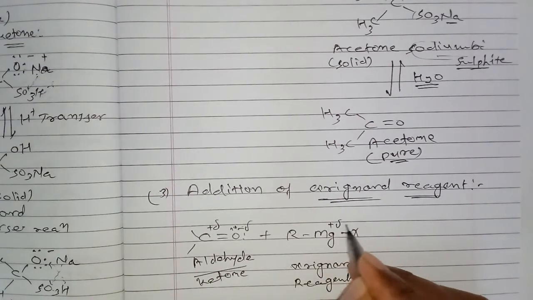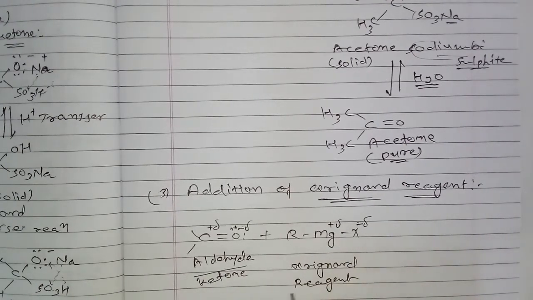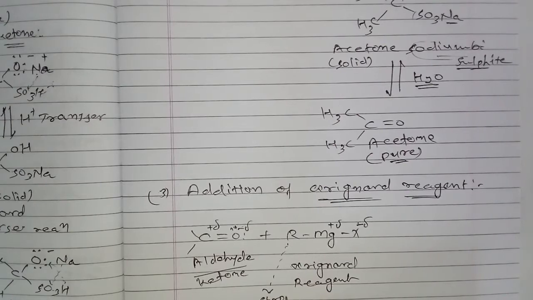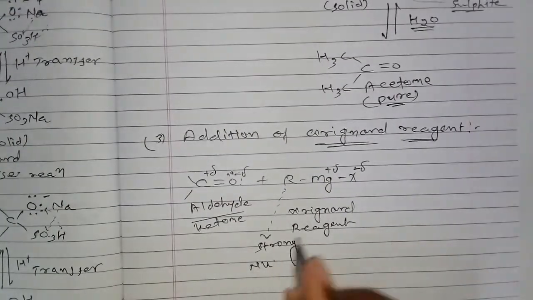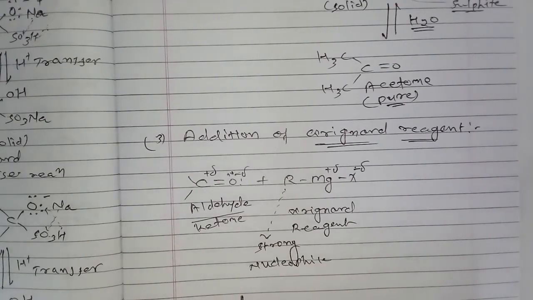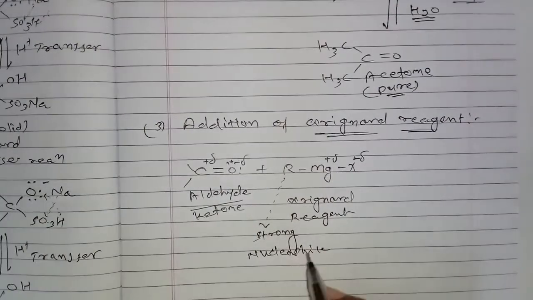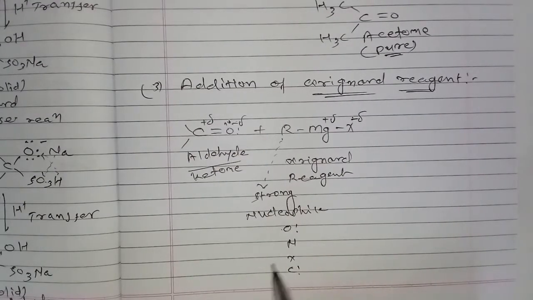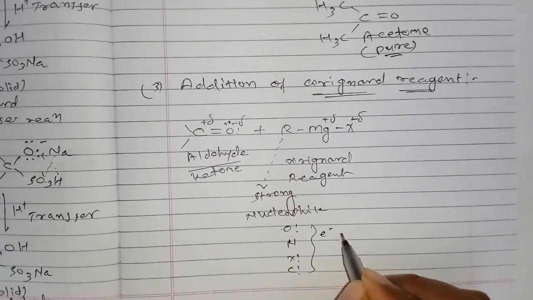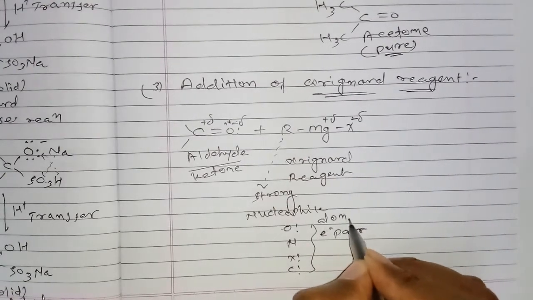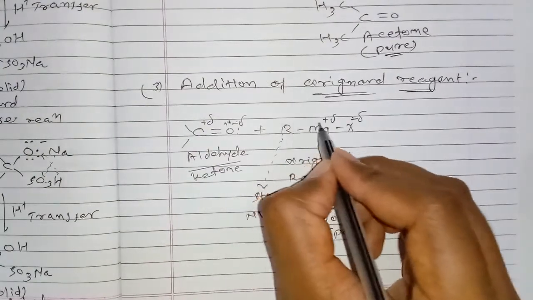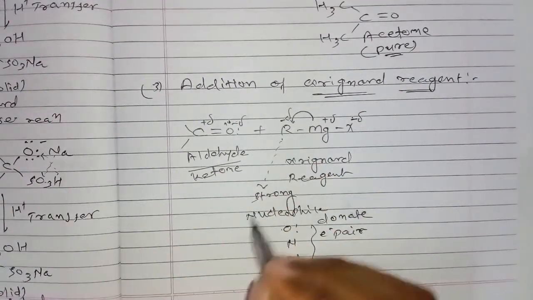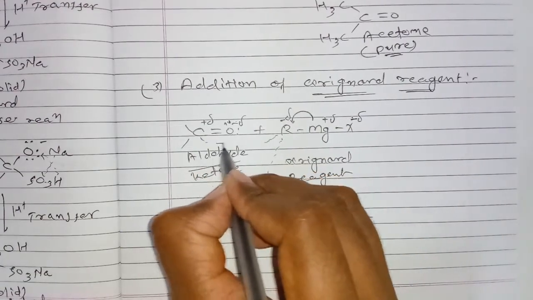Magnesium will have a partial positive charge and halide will be negative, and this alkyl group will be a strong nucleophile, because the magnesium donates the electron pair, and due to this R will be negatively charged, and this will attack on the carbon atom.